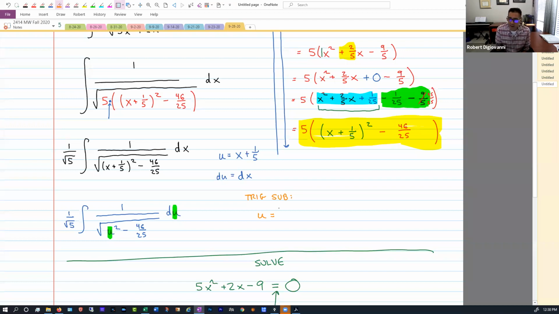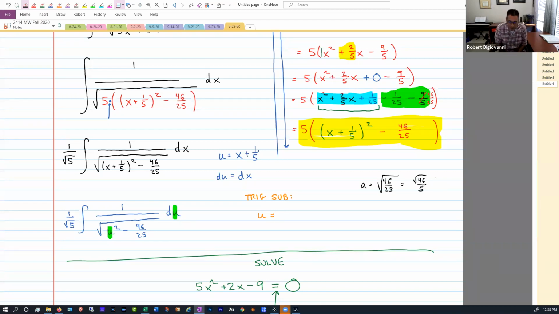Do you know what a is? A is the square root of that number, isn't it? So a is the square root of 46 over 25, which I would write as the square root of 46 over 5. I'd just do them separately, and I'd probably just leave it like that.